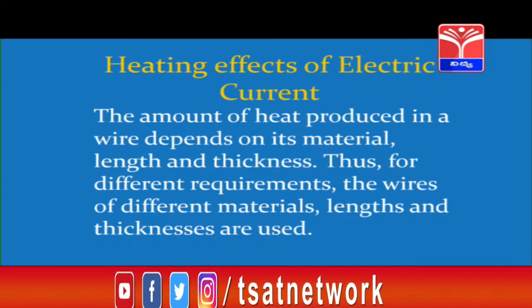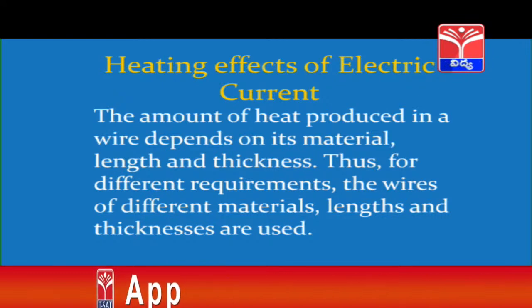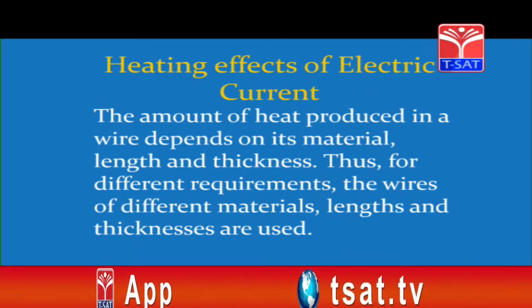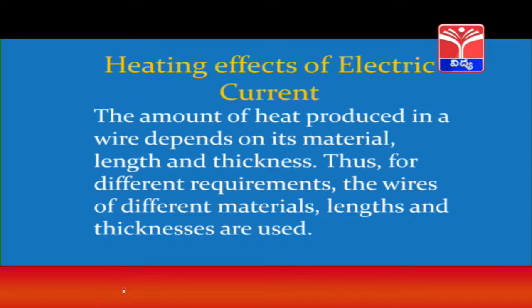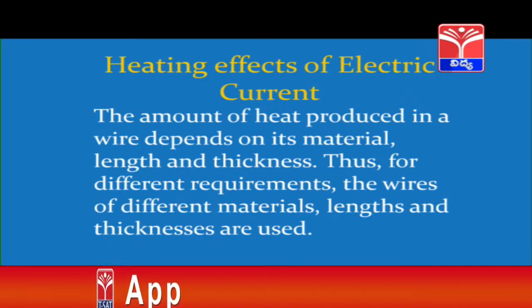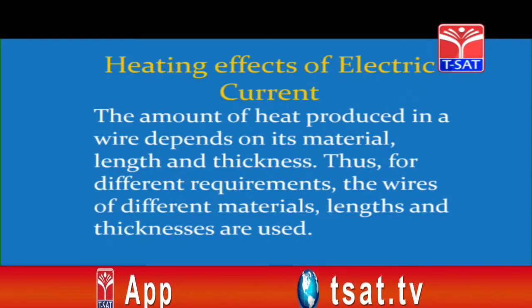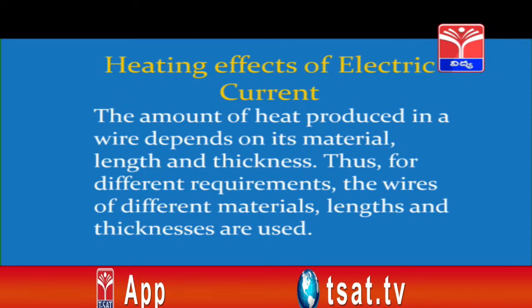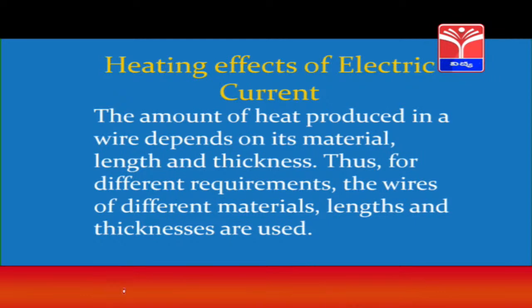In an electric stove, the length will be more and the thickness very little, whereas in an iron box the thickness will be more and the length is also more, and in an electric heater the length will be more and the thickness very little. Thereby we will get heat energy depending upon the material, its length and also its thickness.